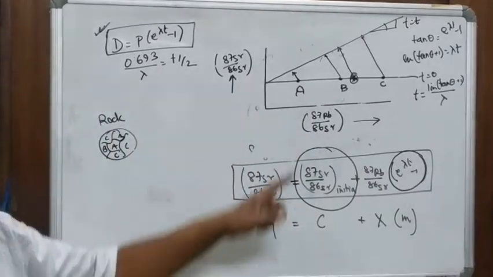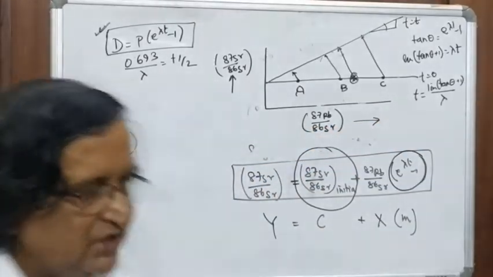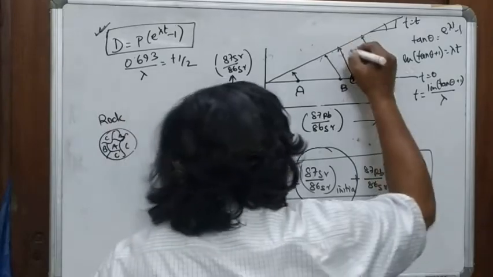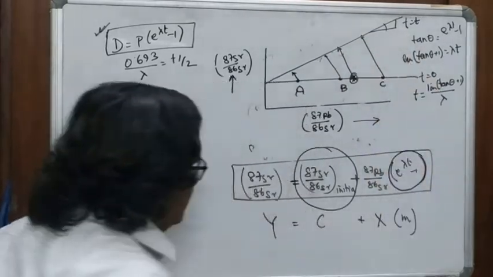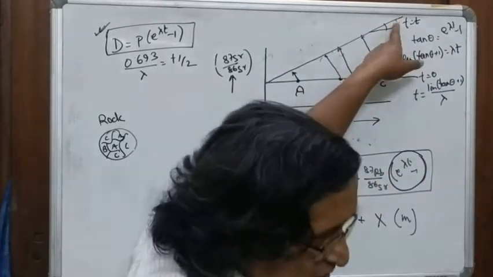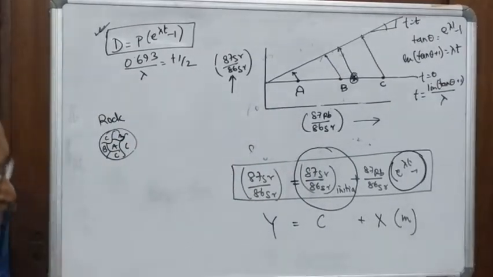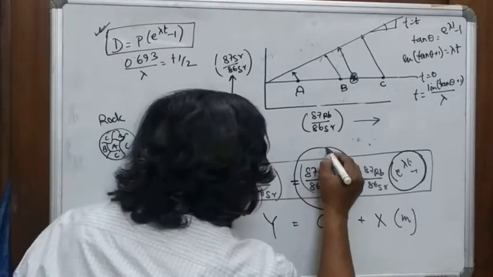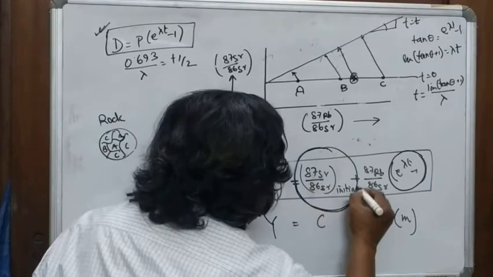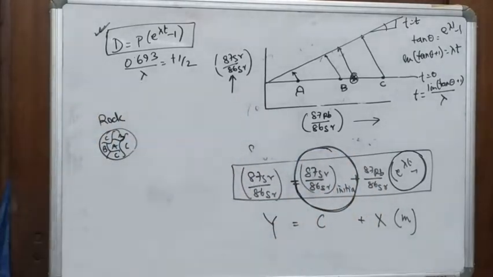So this should give you an idea of time. So two things are important. One is the time that elapsed, you can find out from time t equal to 0 to time t equal to t. And the other thing you can find out is the 87 strontium by 86 strontium initial value.